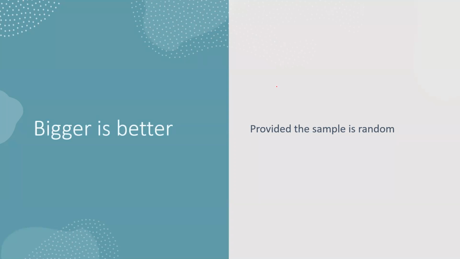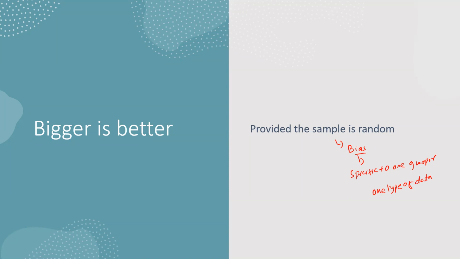So bigger is better, like the sample should be large enough. If you have a large enough sample, then that is more preferable, so that you don't have a bias in your data, right? What does bias mean? Specific to one group or one type of data is called bias.